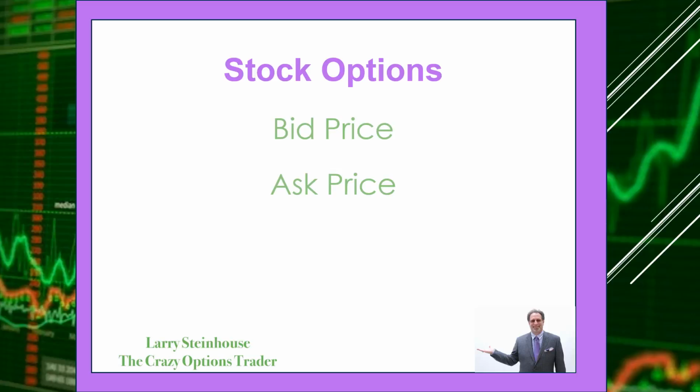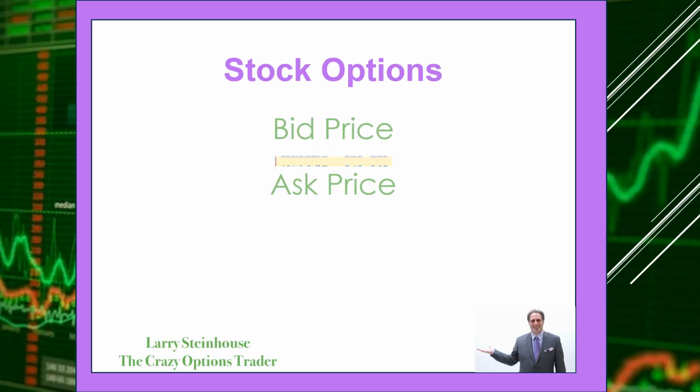The ask price is how much someone is asking for the option. So it's a negotiation. Just like if you were buying a house that was listed for $100,000 and you make a bid of $90,000, you might meet in the middle for $95,000. So your bid is 90, their ask is 100. Maybe you meet in the middle for 95.